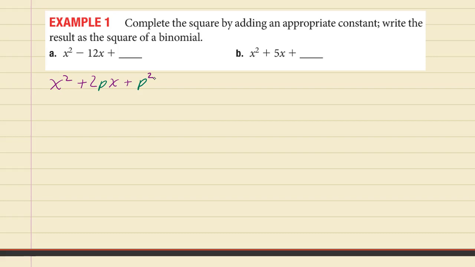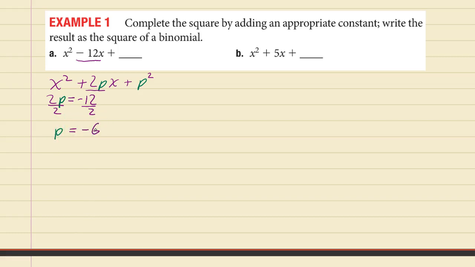And the trick here is that the -12 is equal to 2p. So that 2p is -12. Let's just write that out. You could just divide both sides by 2, and you get p is -6.